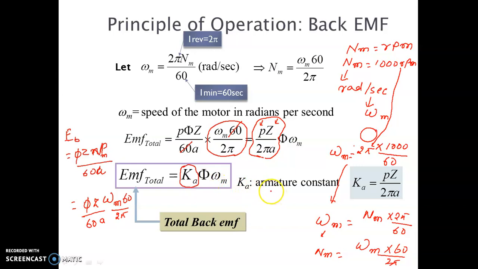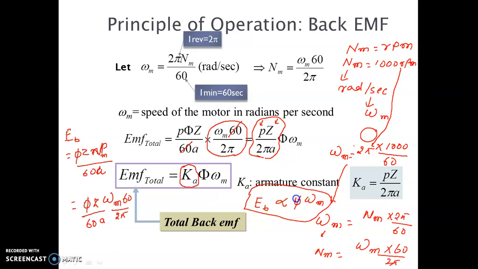Ka is called the armature constant, and it means the total back EMF, EB, is proportional to phi into omega m. So this relation is very useful. The beauty of this equation is that it is proportional to flux.